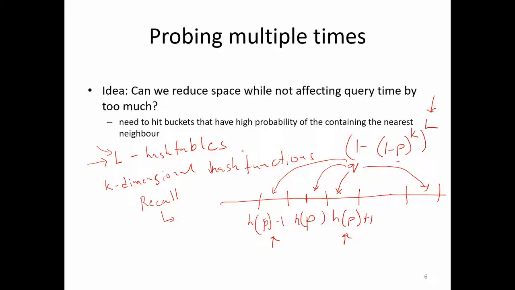Our precision does not increase with L. We actually introduce some more false positives as we increase L, but we reduce the chance of false negatives. So this is the main idea behind multi-probe LSH.